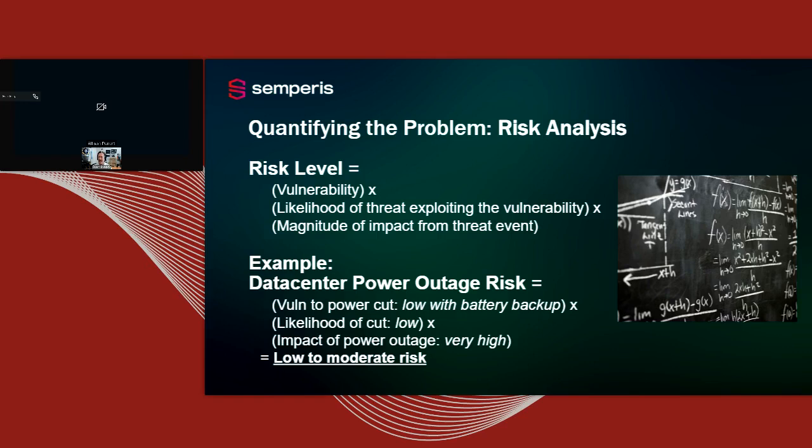So if you plug a data center into this formula, what you get, if you plug a power outage to the data center, is vulnerability to a power cut. What is the vulnerability to a power cut?